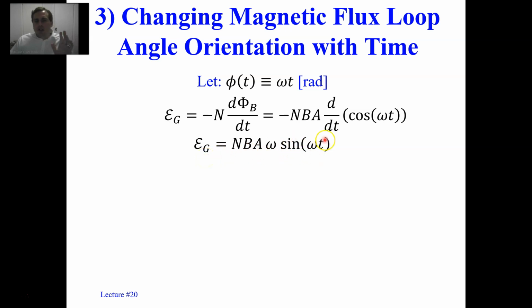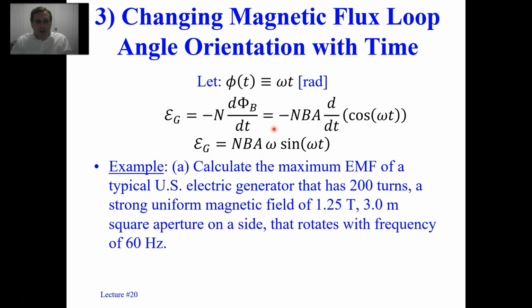I would choose cosine omega t if at time 0 we're at the maximum EMF. Remember, the sine function begins at 0, whereas the cosine function begins at its maximum amplitude value. So I will perform this example also in a later video, where we calculate the maximum EMF of a typical United States electric generator.